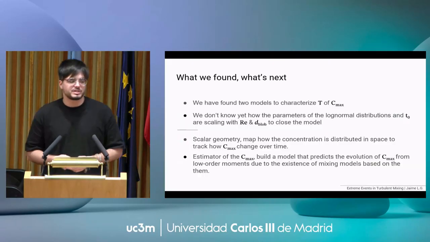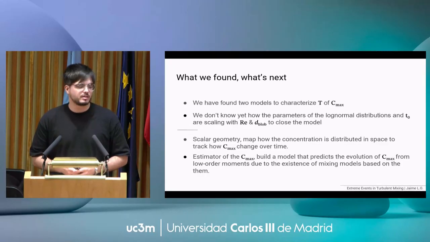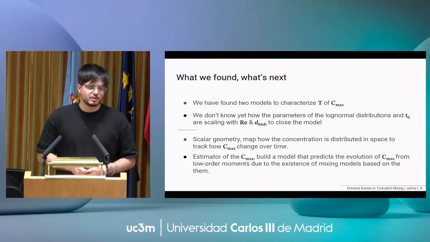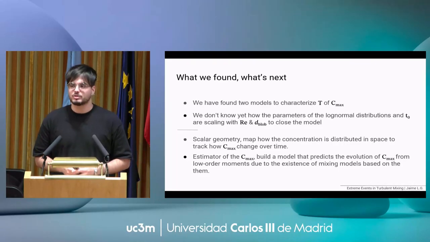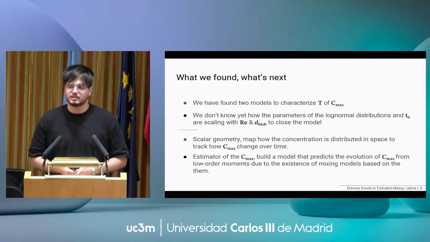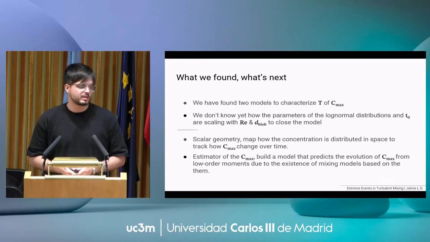What we found and what is next? We have found two models to characterize the time of decay of the maximum value of the concentration. But we don't know yet how the parameters of the log-normal distribution and T0 are scaling with the Reynolds number and the scale of the scalar. And we need to do this to close the model.